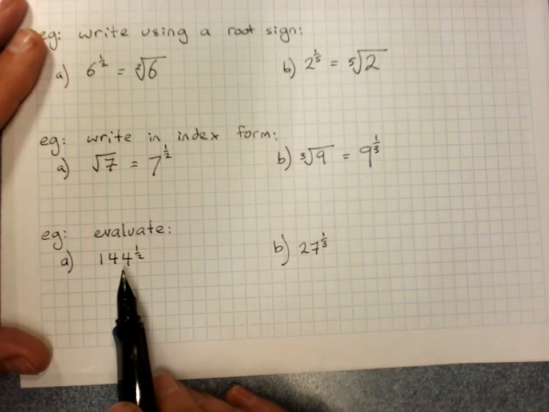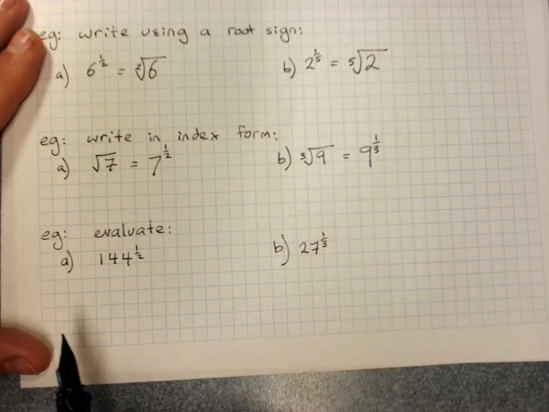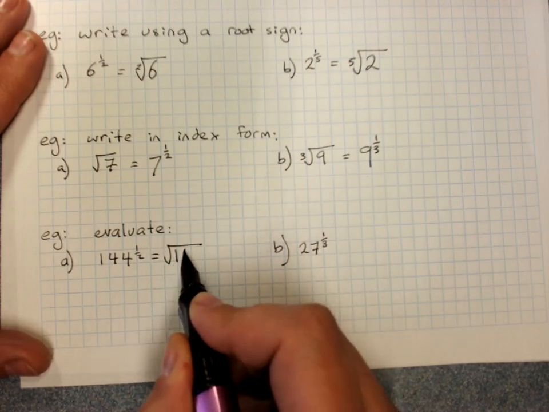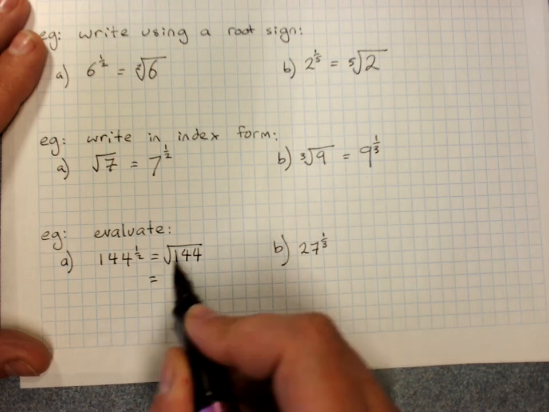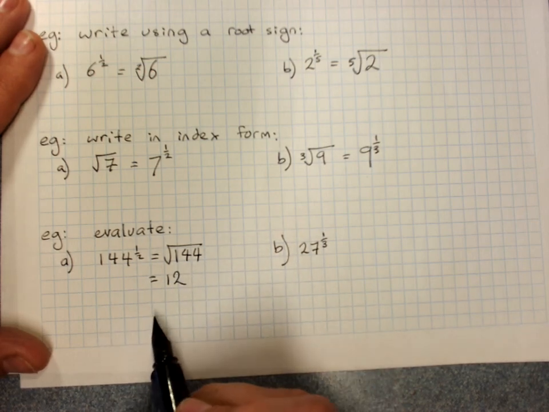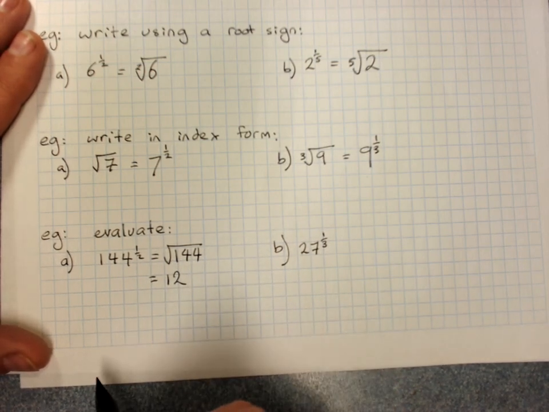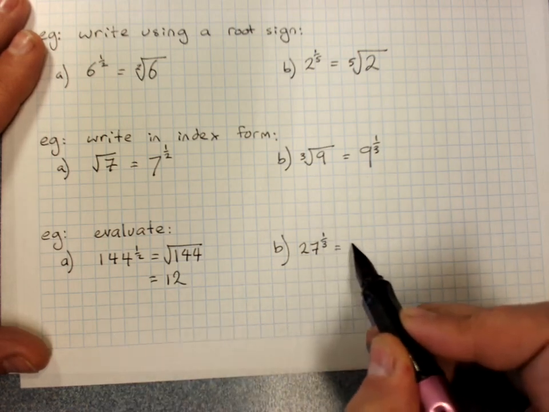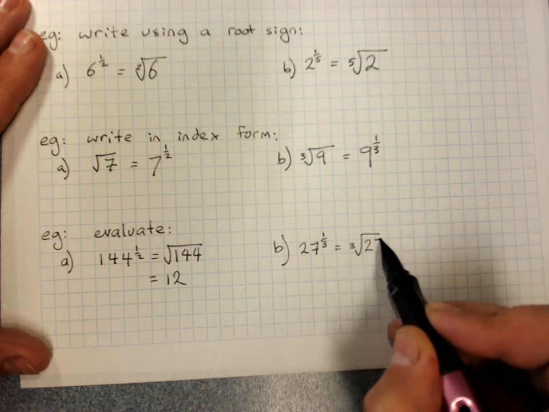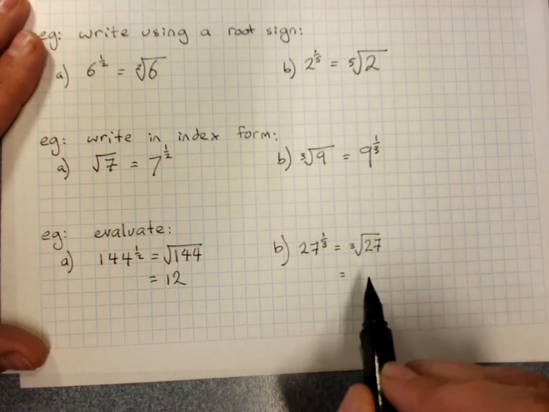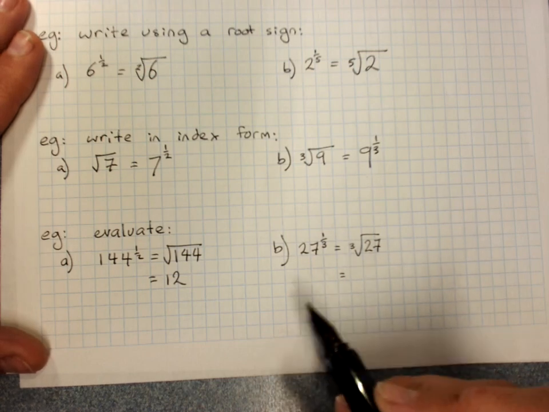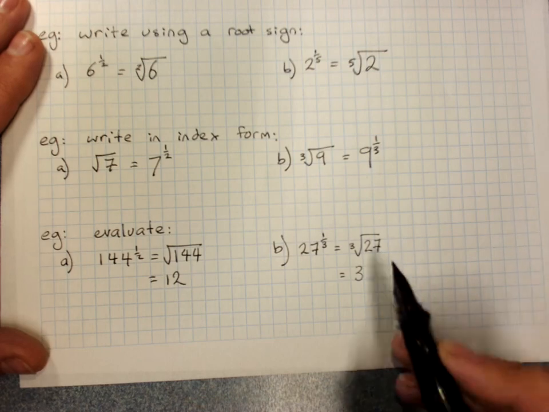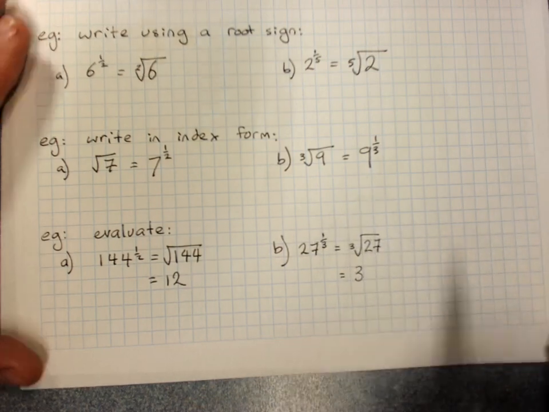So 144 to the power of 1/2 looks a bit baffling, but if we write that as the square root of 144, we're suddenly very aware that that's 12, because 12 times 12 is 144. 27 to the power of 1/3, if you write that as the cube root of 27, you should know that it is 3, because 3 times 3 is 9 and 9 times 3 is 27. This is one of those relationships that you really should just recognize.